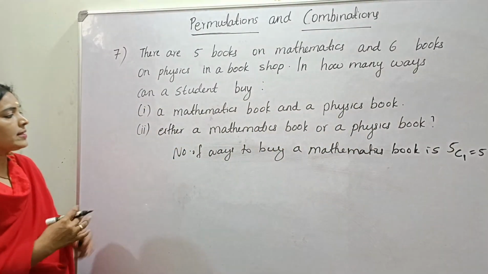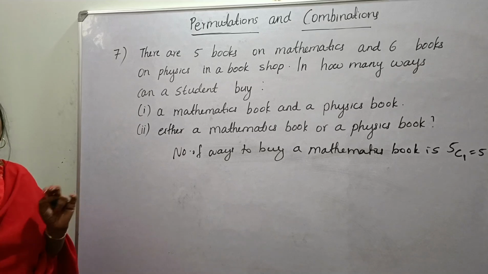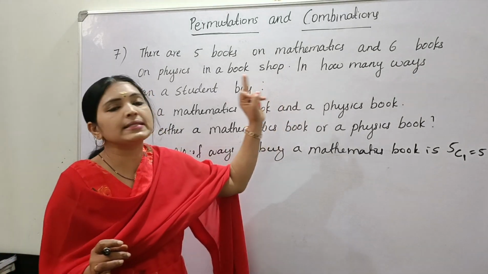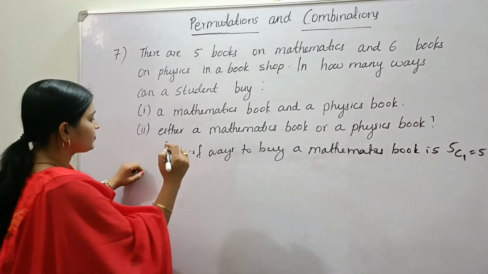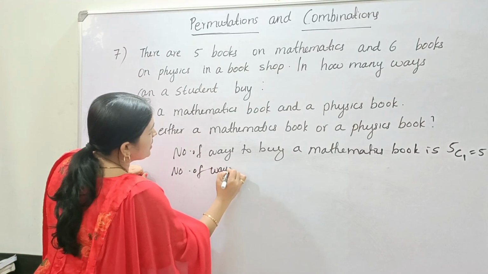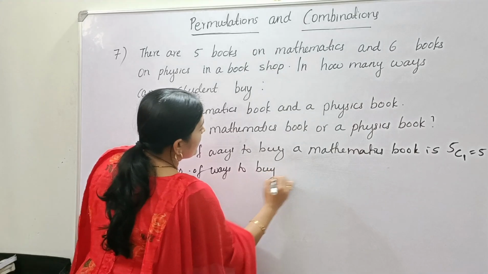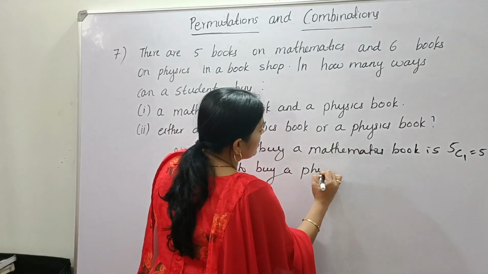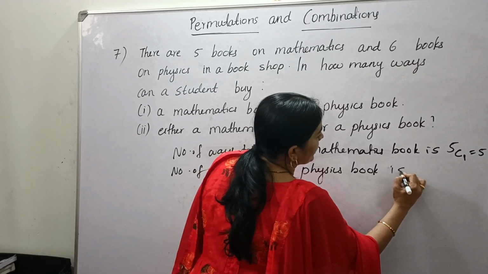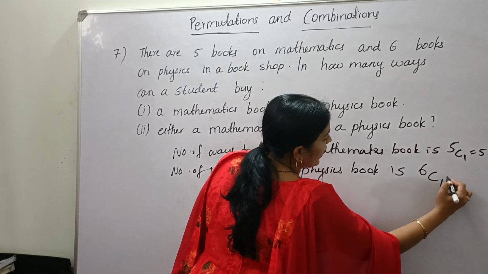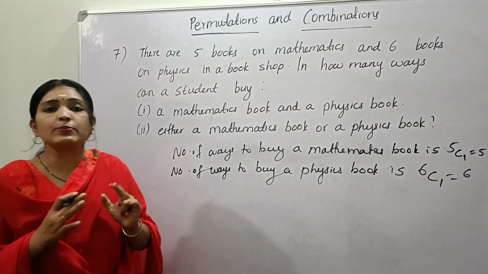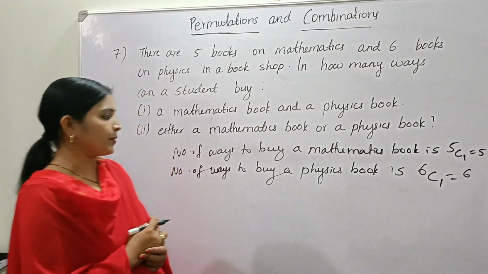Okay, and next, the number of ways to buy a physics book is nothing but 6C1. That is 6. Why? Because there are total 6 physics books, right?